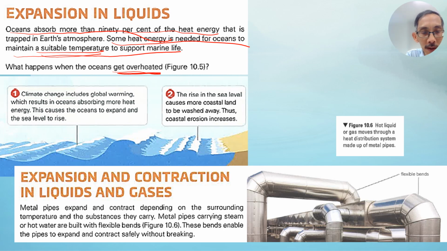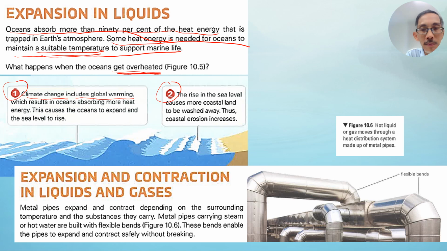Okay, that's one case. Plus, you also want to look at what we are illustrating below in boxes 1 and 2. So as you know, when water absorbs more heat, it will expand. And why is this important? Because more recently we are talking about climate change, which is commonly linked to global warming, right?